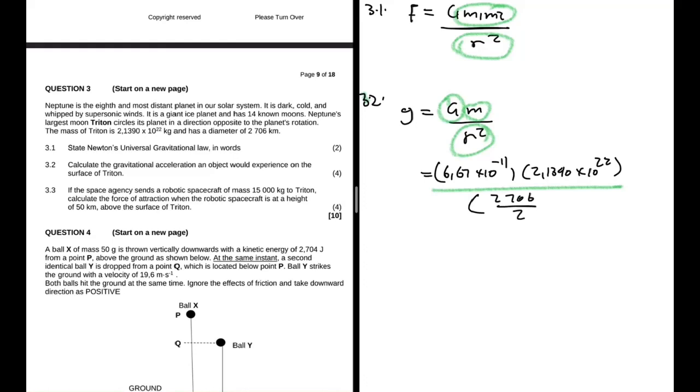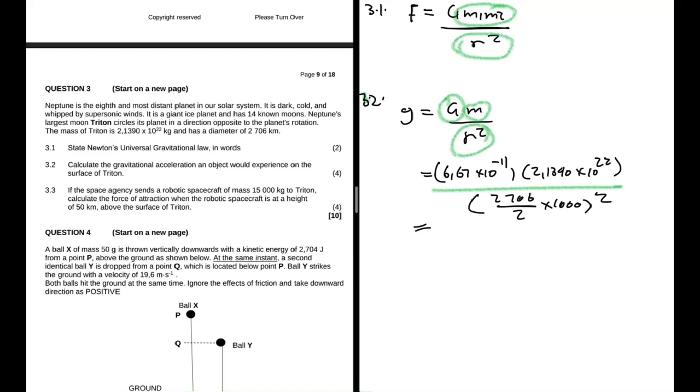We want the radius and not the diameter. But hold on, the diameter is given to us in kilometers, so it's our job to convert it to meters. So we're going to multiply this by 1,000, because in 1 kilometer we have 1,000 meters. So we're going to square that, and then let me punch that in my calculator.